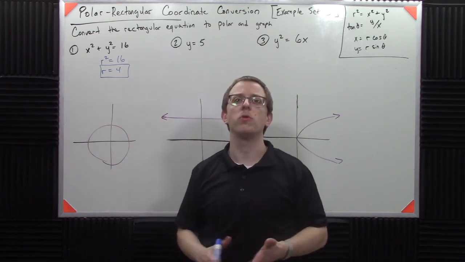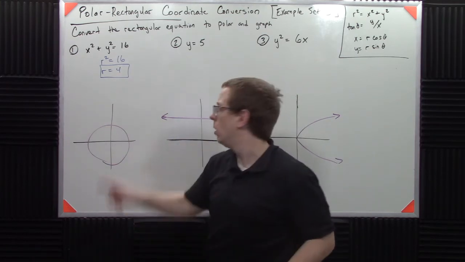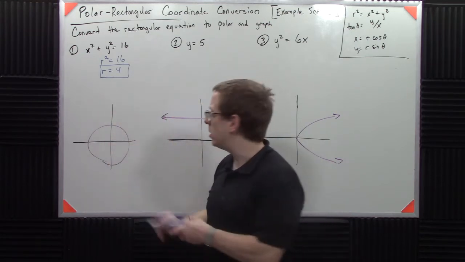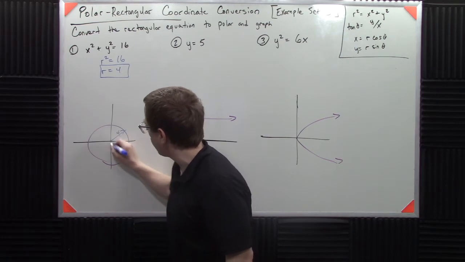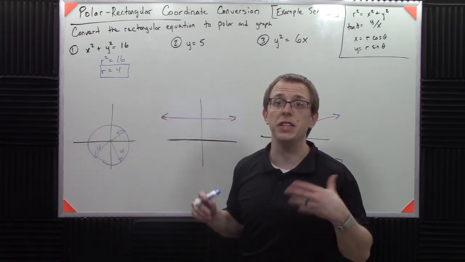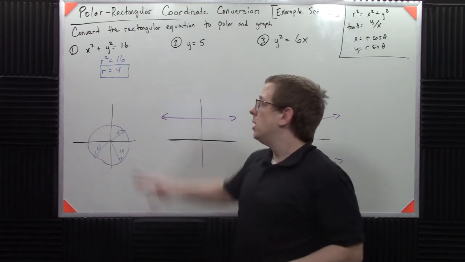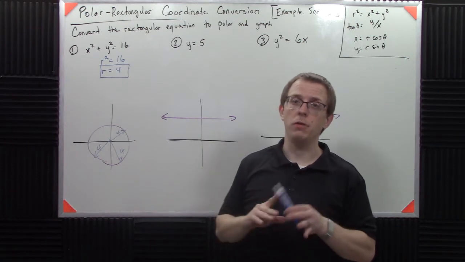And it just says r equals 4. That's just the case where the distance is always 4. Well, that's the circle of radius 4, because no matter what, the radius, or the distance, is always 4. Now, it's not on this horrible thing that I drew, but it is if it's an actual circle. So this is actually a much more convenient notation in polar, if you ask my opinion.